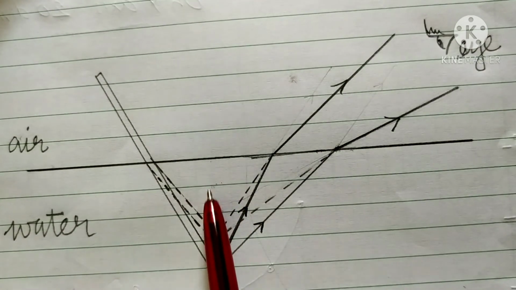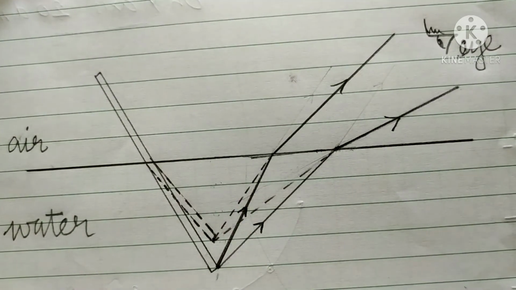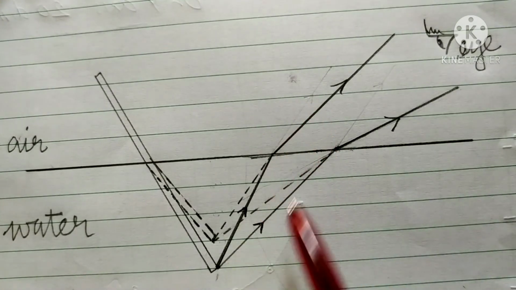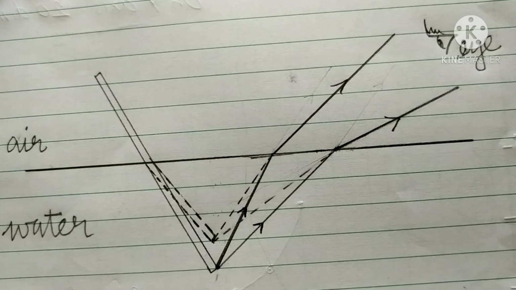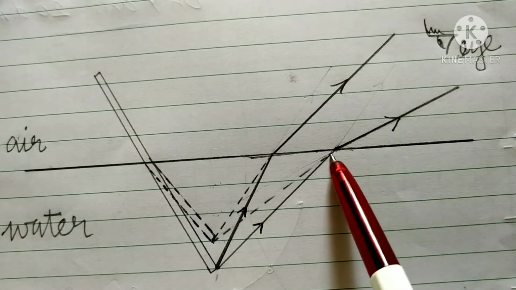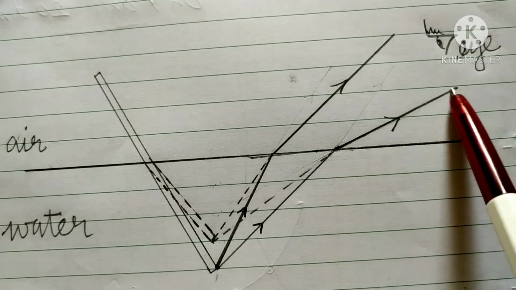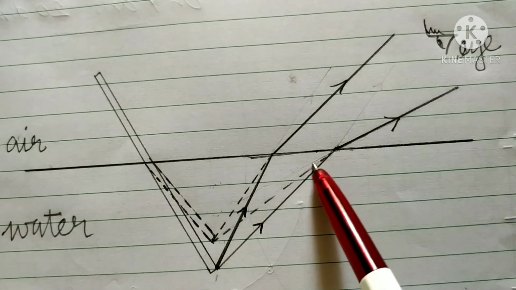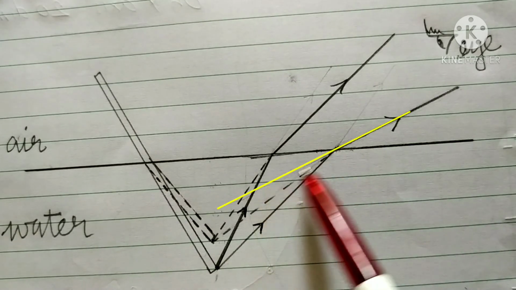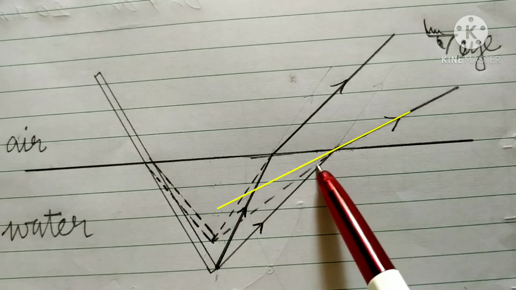Apparent depth is 1, 2, 3. 3/4 of the real depth is equal to the apparent depth. Rays are there, arrow marks are there. Very good. But where is the mistake? This broken line must be an extension of this refracted ray backwards. But the child has bent it here.